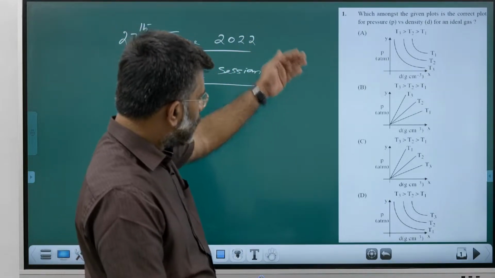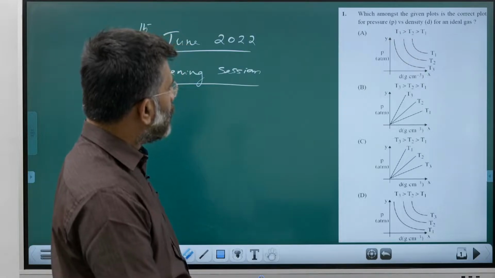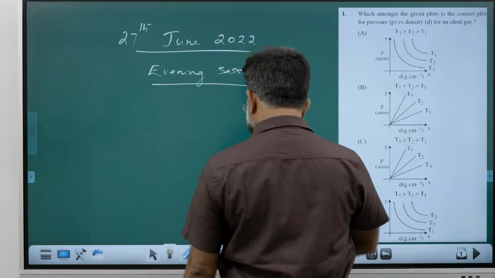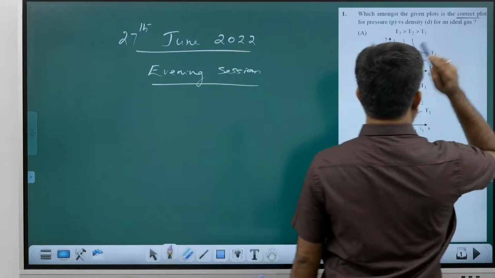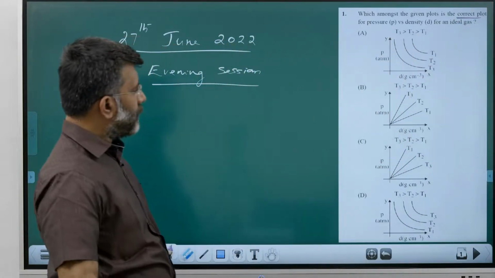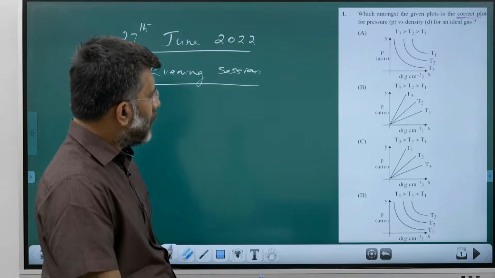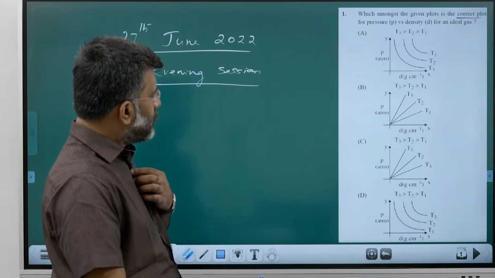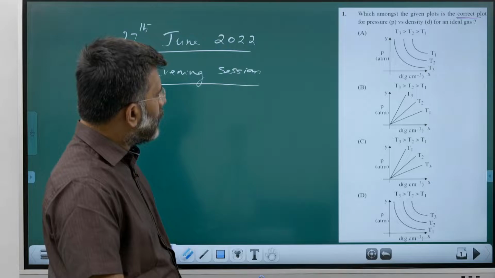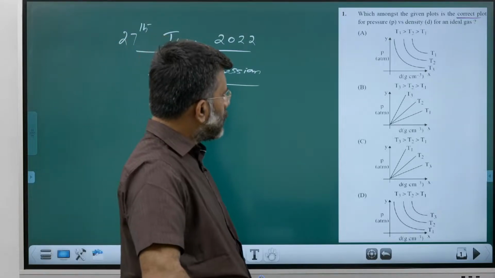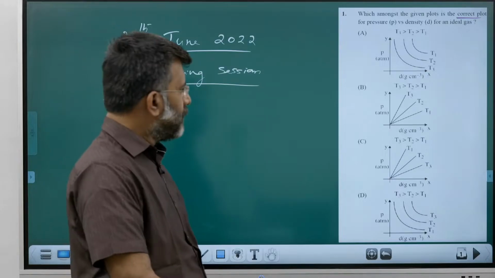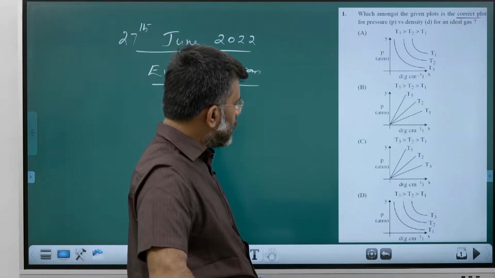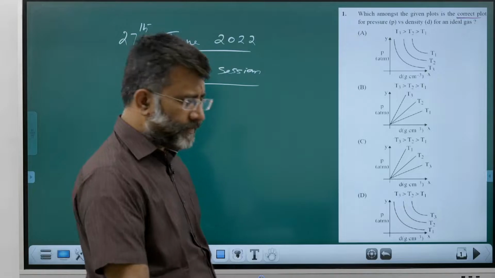There are graphs given. You need to identify the correct graphical plot. Along the x and y axis, pressure is given along the y axis and density along the x axis.